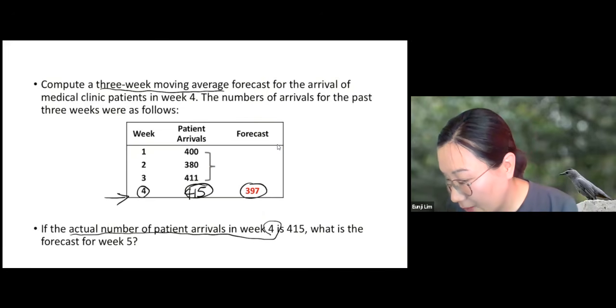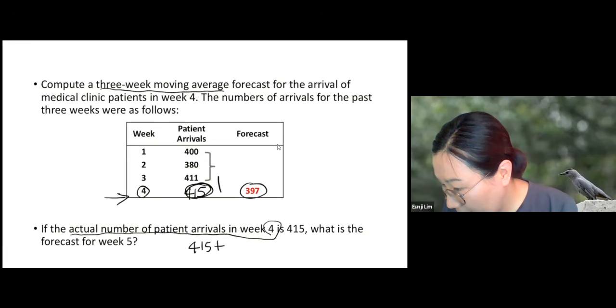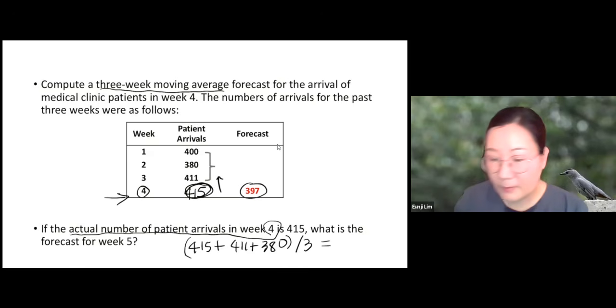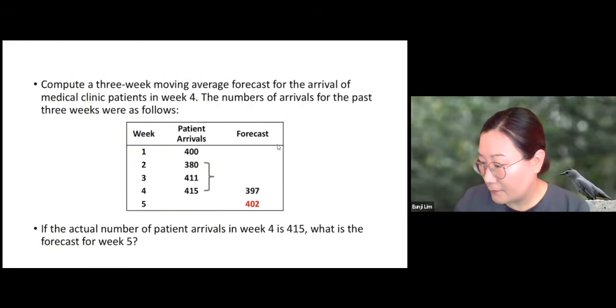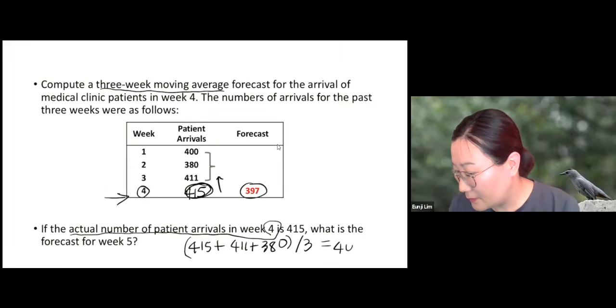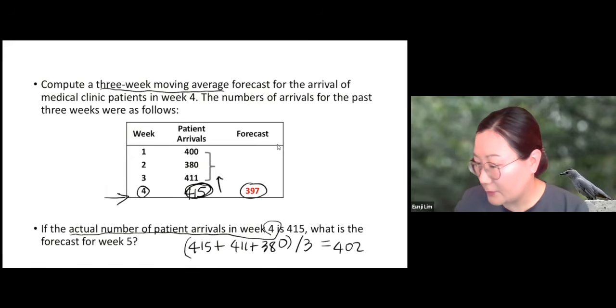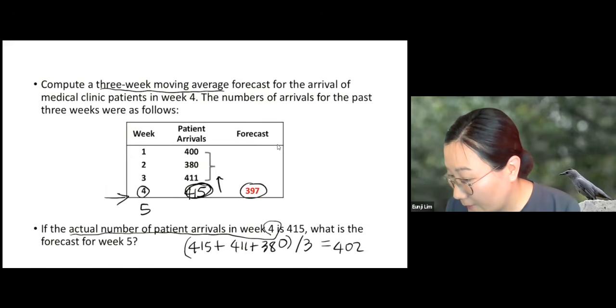Since we are at the end of week 4, the most recent observation is 415, and then go back in time and collect 3 observations and average them. The answer is 402. Okay, so that's our forecast for week 5, 402.